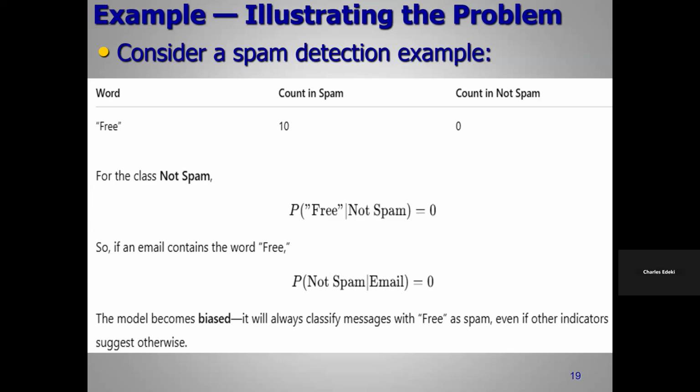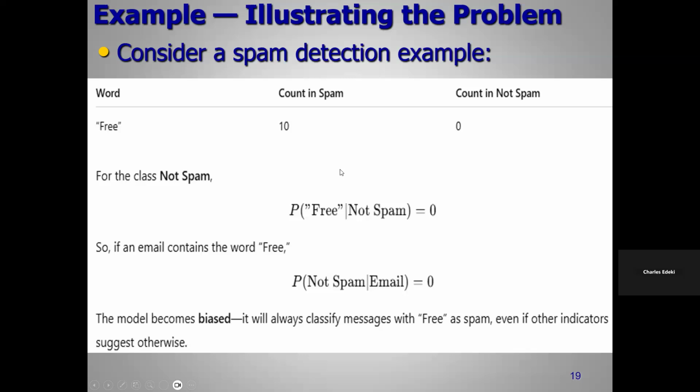Or if the email contains the word free, the probability of not spam given the email will also be 0, because we see it right there. So here we say the model becomes what? Biased, because it will always classify a message with free as spam, even if other indicators suggest otherwise.